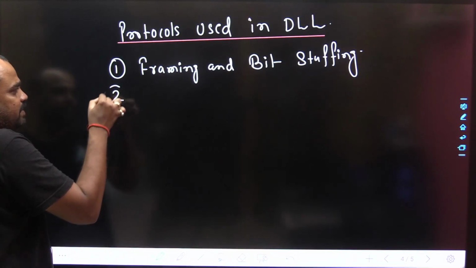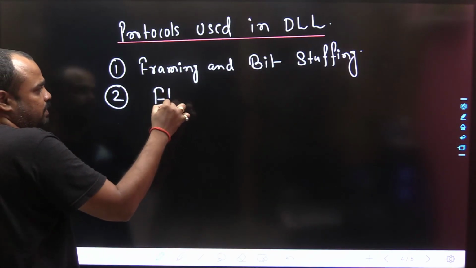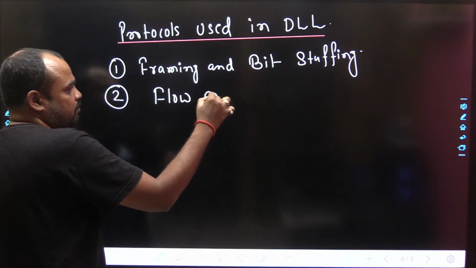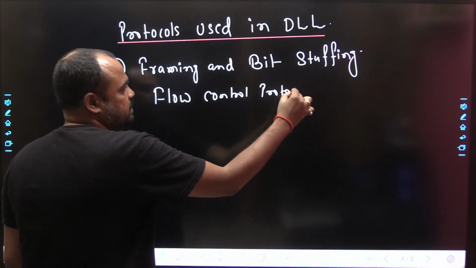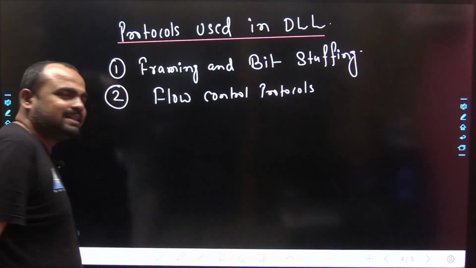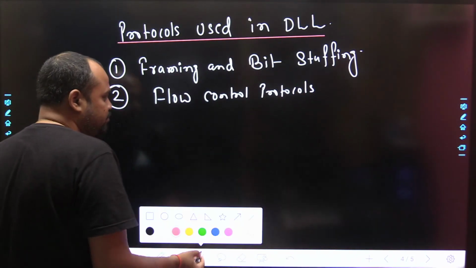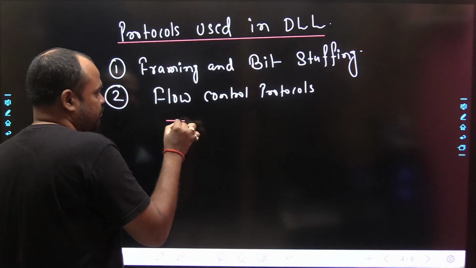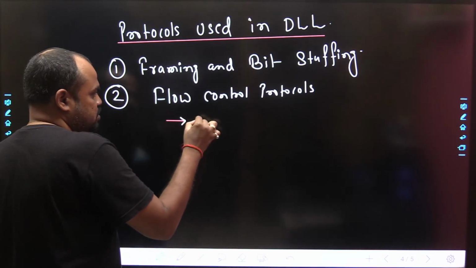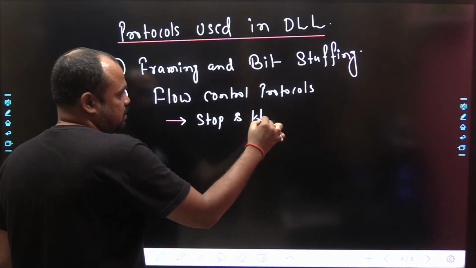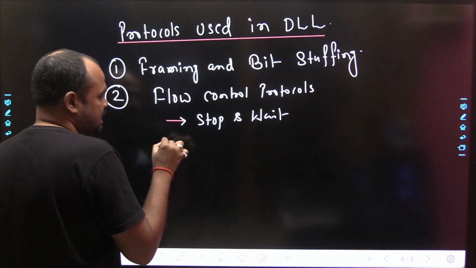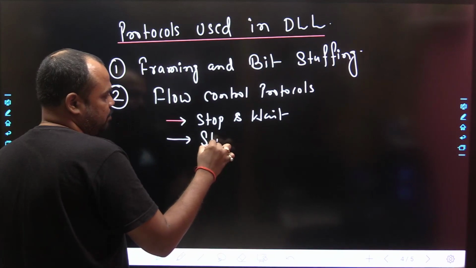The second protocol that we are going to discuss is the flow control protocol. Inside the flow control protocol we have to learn stop and wait, and the second one is the sliding window protocol.